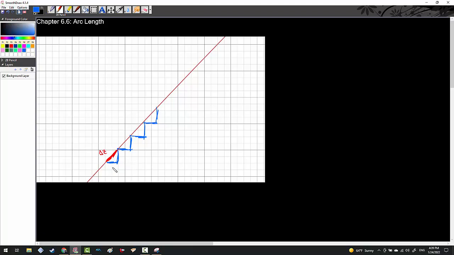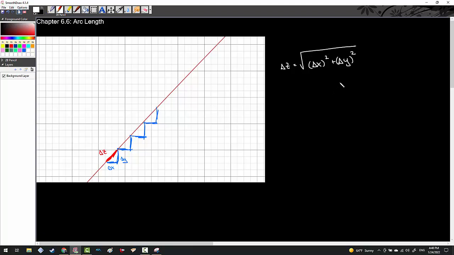This thing here is worth a delta x, and this vertical side is worth a delta y. So delta z is equal to the square root of delta x squared plus delta y squared.